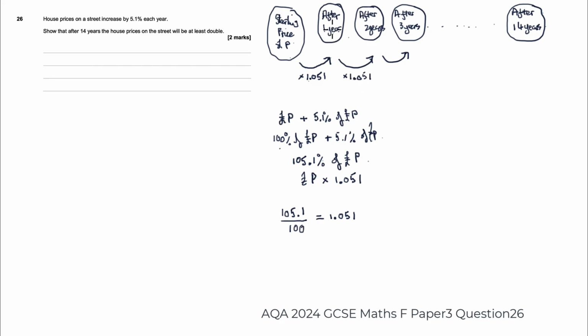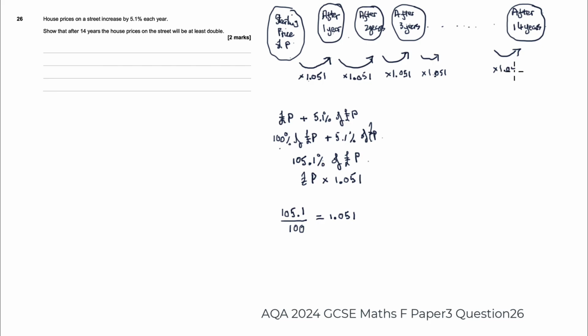What that does is increases this price after 1 year by 5.1% to get the price after 2 years. And similarly, we multiply by 1.051 to get to the price after 3 years. Take the price after 2 years, increase it by 5.1% to get the price after 3 years. And obviously this goes on all the way along the row until we finally get to the price after 14 years.